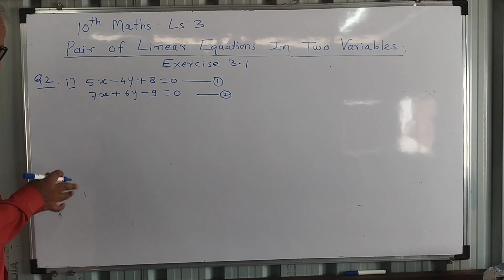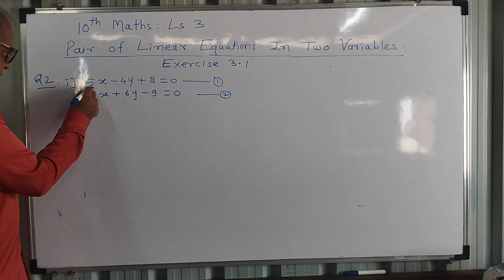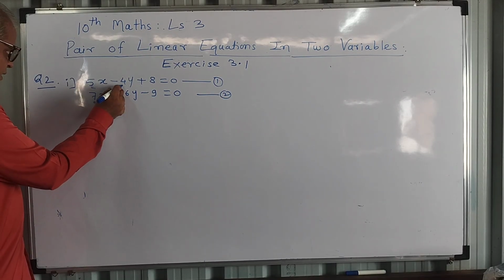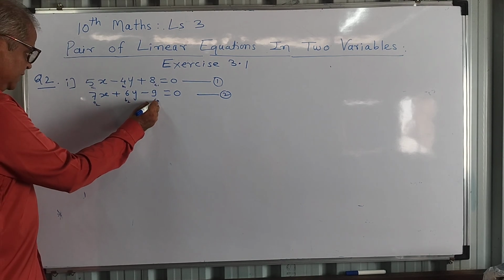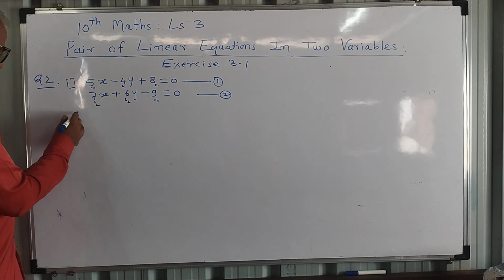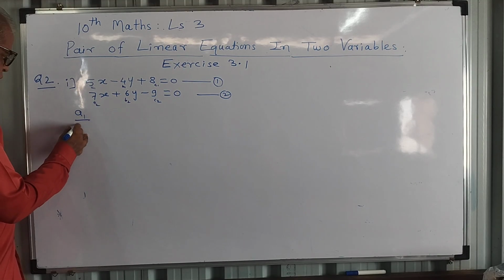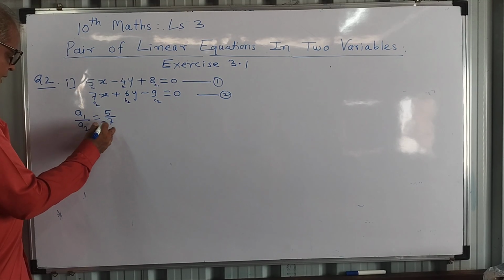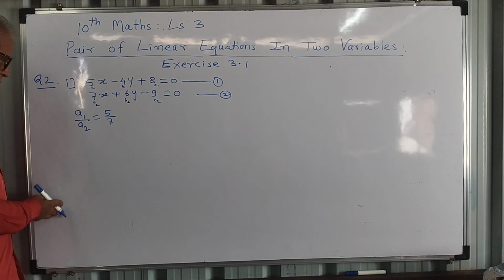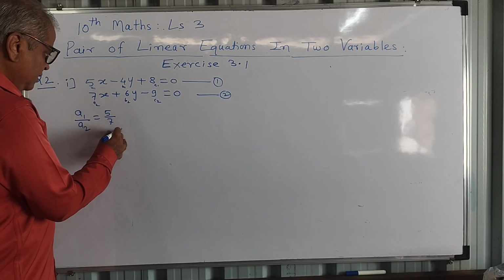So now compare these ratios. See, this is A1, this is A2, this is B1, this is B2, C1 and C2. So take the ratios. A1 upon A2 is equals to 5 upon 7. If you can reduce, you reduce it. It is not possible to reduce here.